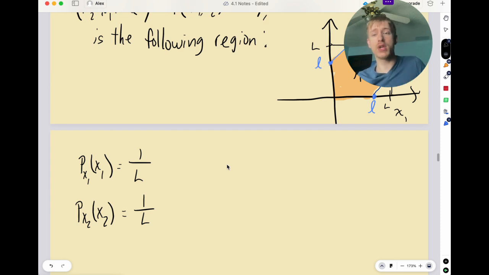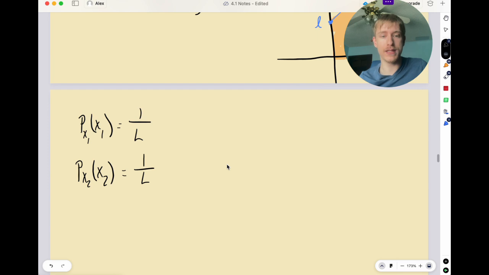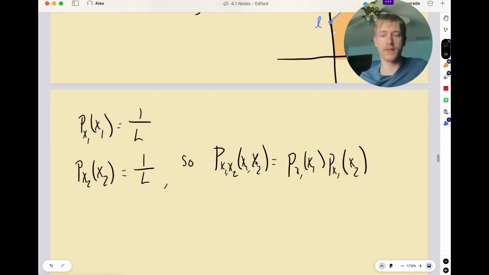And since these were tossed independently of each other, that means that the joint distribution, so p x1, x2 of x1, x2, we discussed in the last episode that this was just going to be the product of these PDFs, which was just 1 over L times 1 over L, which is 1 over L squared.